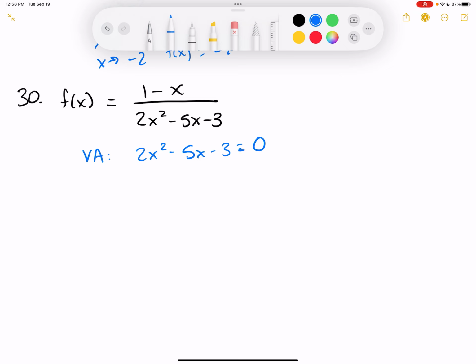Any recommendations? Should you move the 3 over first? No. Should we factor it? We should factor it first, because if I move the 3 over, I'm not going to be able to solve it correctly. So we have 6 and -1. -6 and 1. So 2x squared plus x minus 6x minus 3.